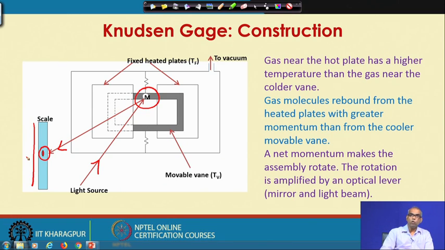As the movable vane rotates, this rotation can be amplified by this optical arrangement. A small rotation by the movable vane will cause a larger displacement of this spot of light on this scale. So, by looking at the displacement of the spot of light on the scale, I can measure the angular rotation of the movable vane, which is a measure of the vacuum or the low pressure.